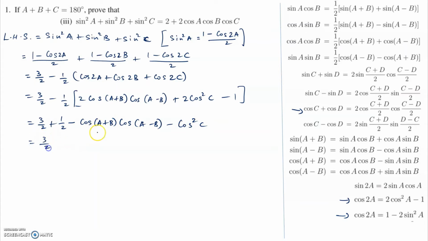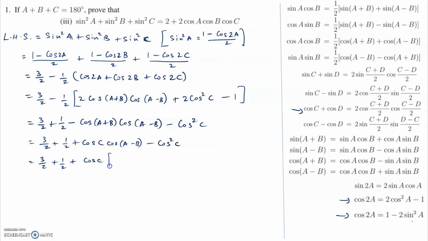Now we can change this cos (a plus b) as minus cos c. So this will become plus 1 by 2 here, plus cos c cos (a minus b) minus cos squared c. So this will further become 3 by 2 plus 1 by 2 plus cos c.